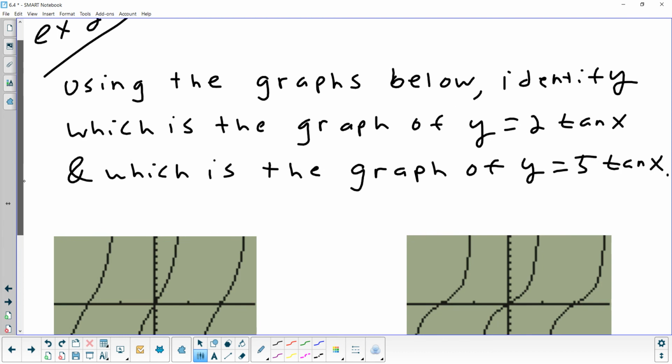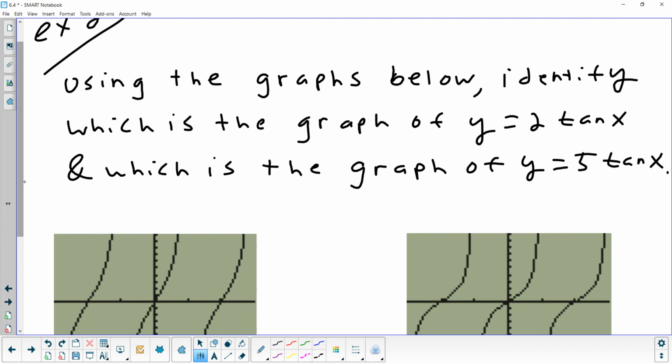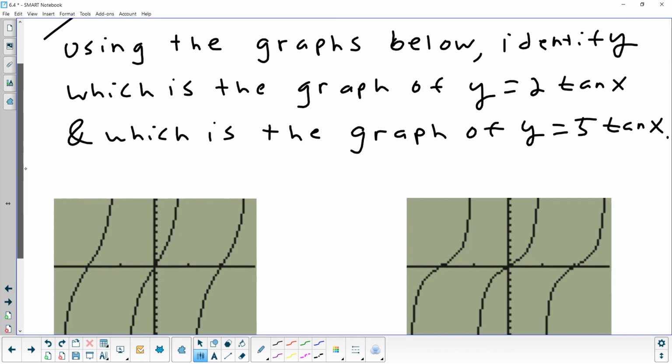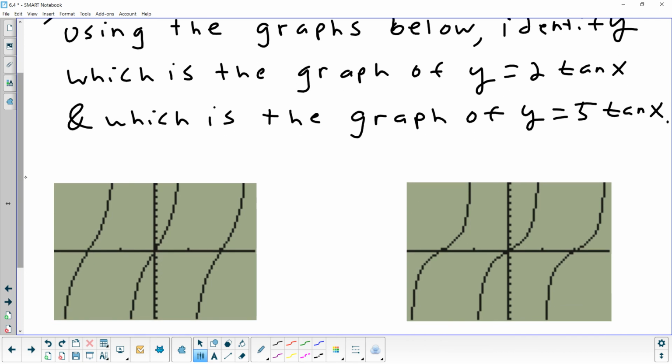All right, so this is just an identify which one is which. You'll have a question similar to this on the test. One of these is the graph of 2 tangent x, and the other one is 5 tangent x. Can you tell me which one is which?